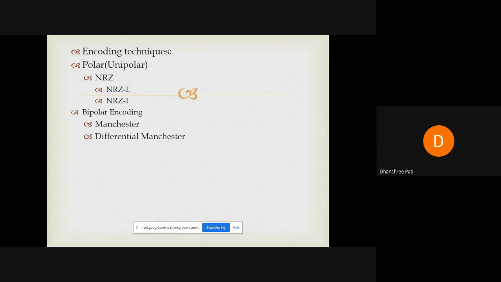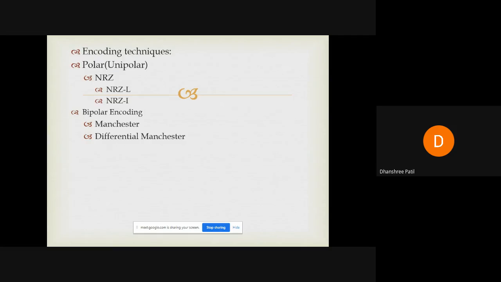So decoding is done where? Who does the decoding, the sender or the receiver? Decoding means getting the original data. I'm not talking about encoding. So that is done at the receiver side, not the sender side. Encoding is done by the sender, and decoding is done at the receiver side to get the original data.